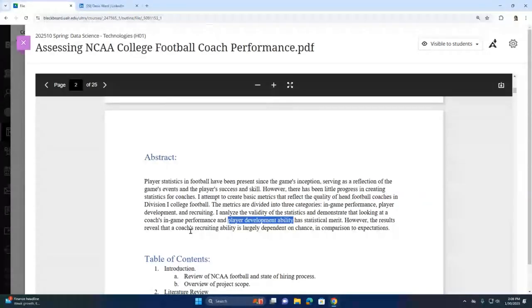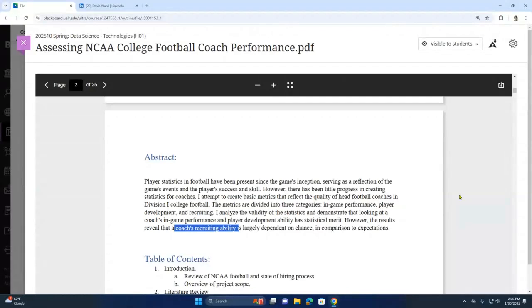But interestingly enough, his study revealed that coaches' recruiting ability seems to be less connected to the coach themselves.